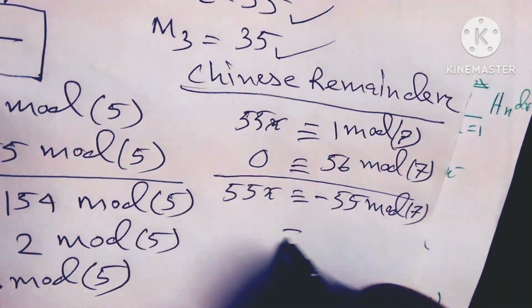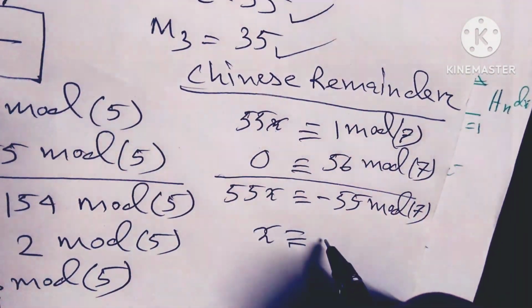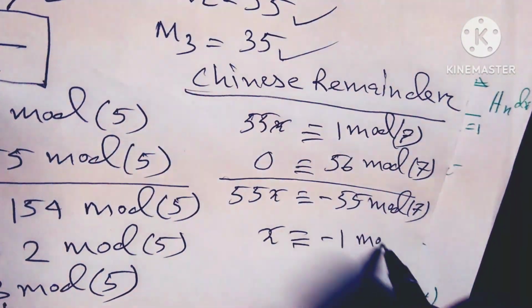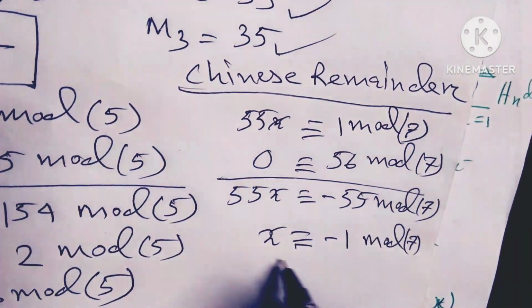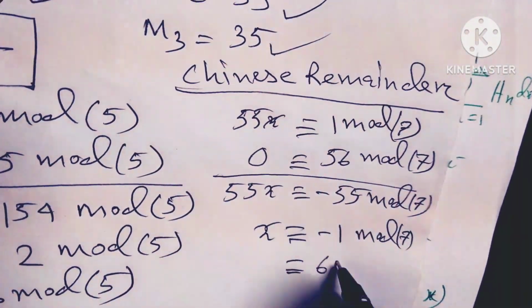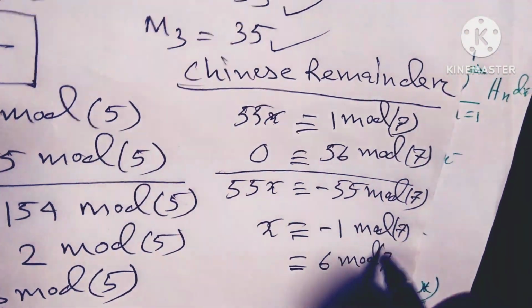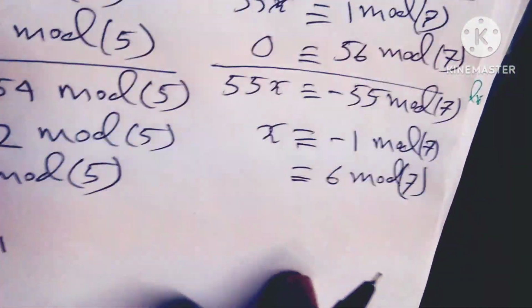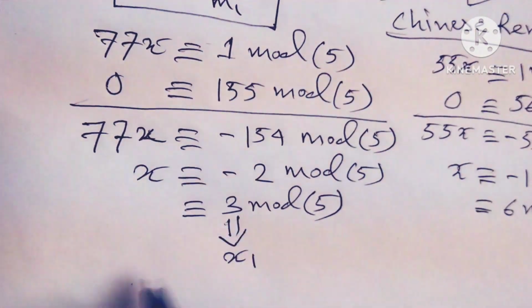So I get x is congruent to minus 1 mod 7, which is equivalent to 6 mod 7. So this is my value. Okay, I hope you can understand.